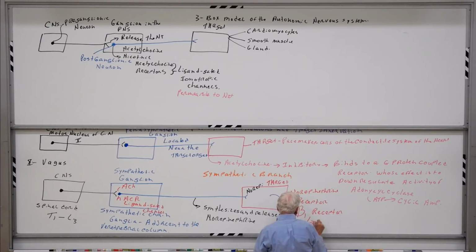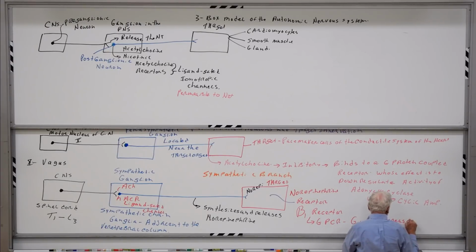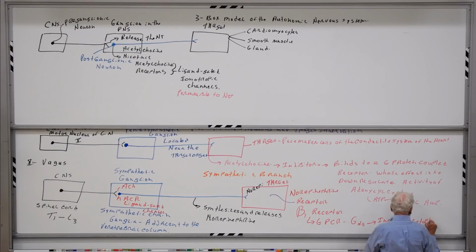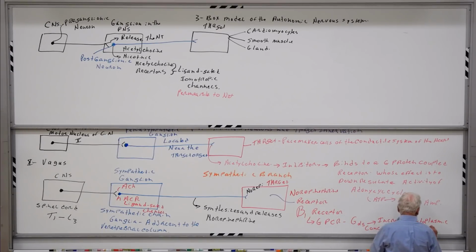The beta-1 receptor is a type of G protein-coupled receptor, and it functions through G-alpha S to increase cytoplasmic concentrations of cyclic AMP.